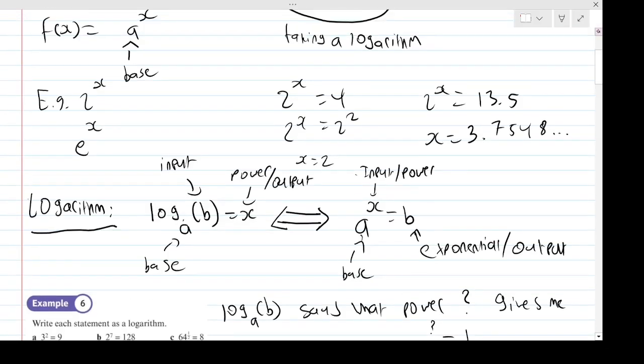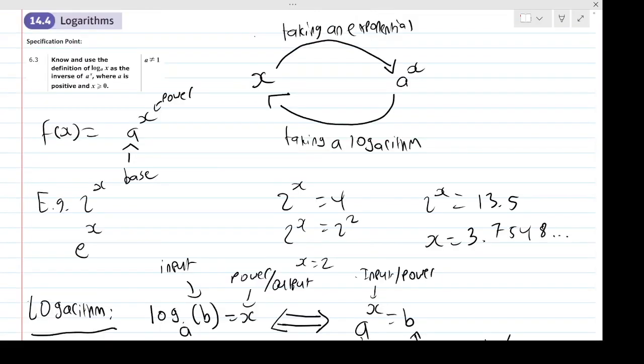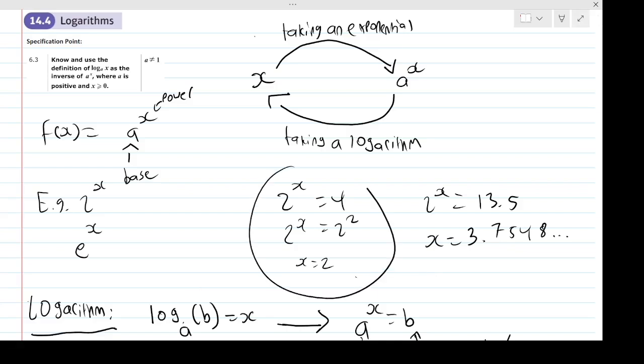It looks very complicated, so we're going to look at some examples. Let's have a look at this example. We said that 2 to the x, 2 to some power x, is 4. What's the power x?